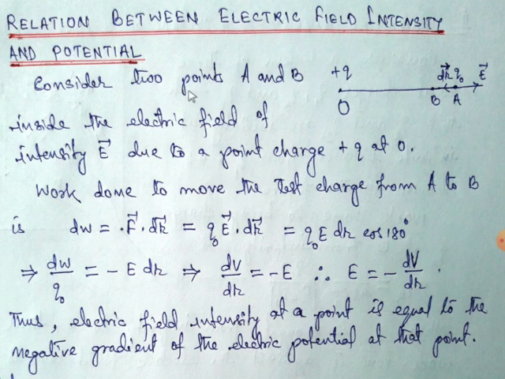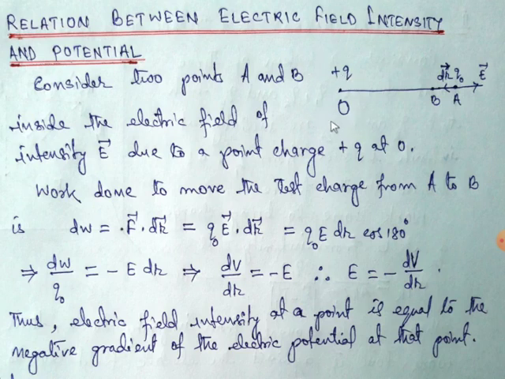Now consider 2 points A and B. A charge is placed at O, and due to this charge we need to find out the electric field as well as the potential at this point. This point A is well within the electric field of this given charge.